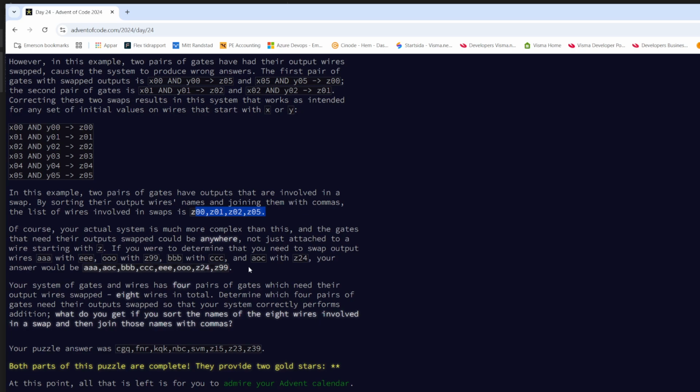What I did was look for help on the Reddit site, because I want to learn how to do this, but this is a little bit beyond my comprehension. But in the end, I did write a generalized function, or a generalized solution, that could be applied to any input.